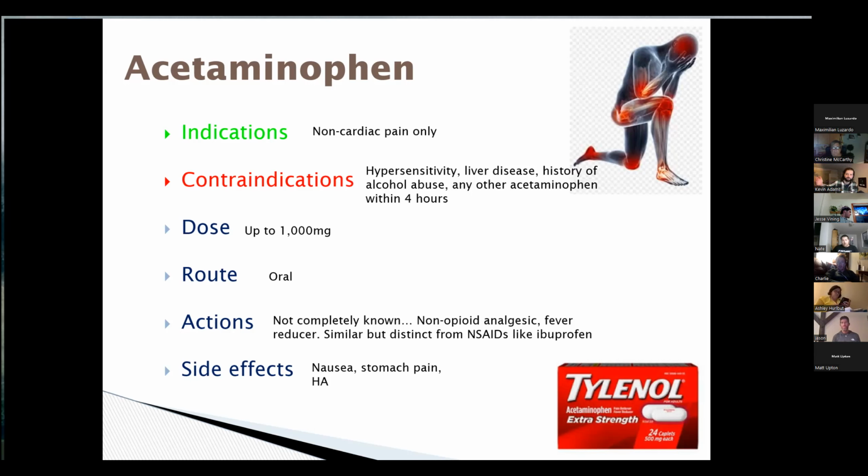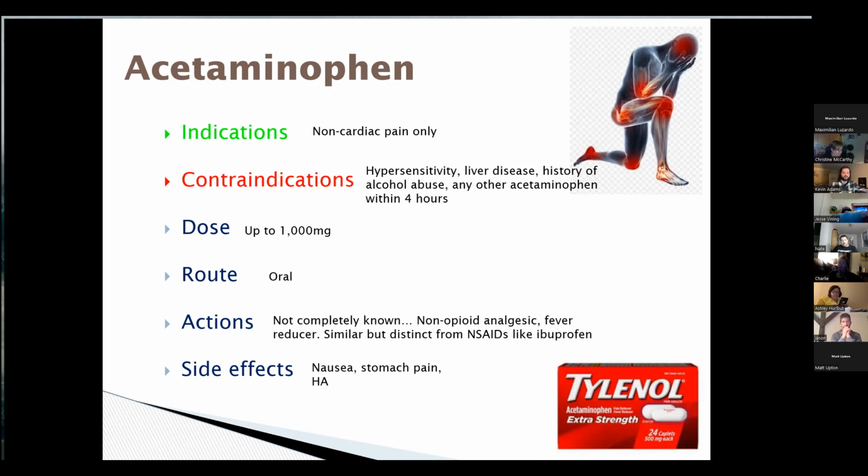So the contraindication, sorry, Connor asked this question in the chat too, and I was curious. Any other acetaminophen within 4 hours means as long as they haven't hit that 1,000 milligram max. Yeah. The reason we don't want to give more acetaminophen on top of it is how harsh it is on the GI tract.